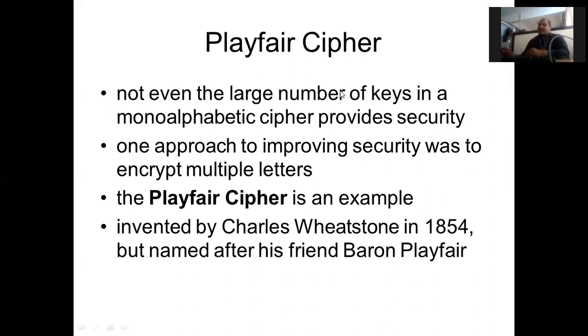Why do we consider this matrix? Because we have 26 alphabets, and with a 5 by 5 matrix, 5 into 5 is equal to 25, so we have 25 places in the matrix.